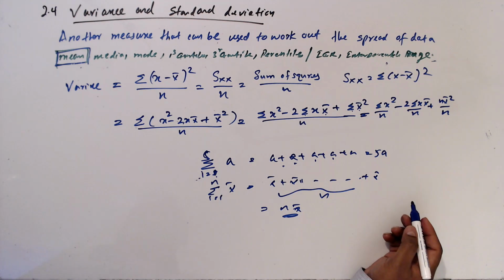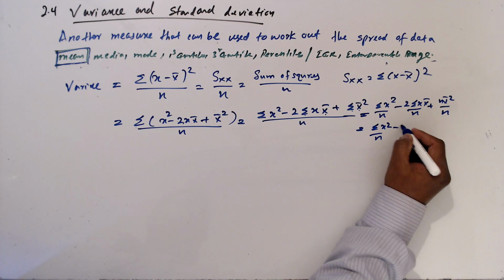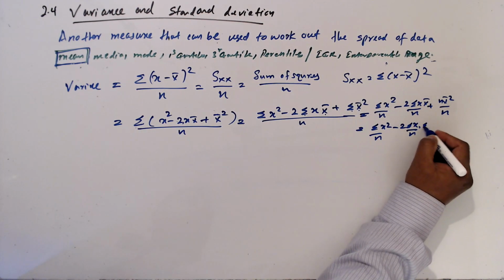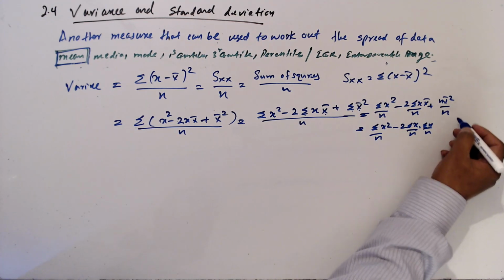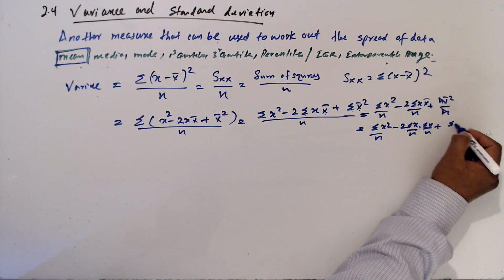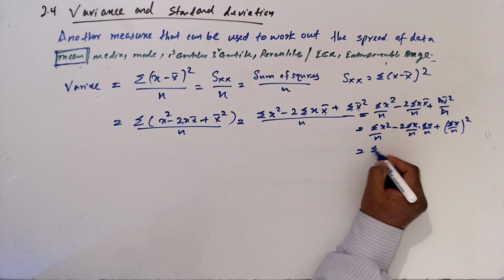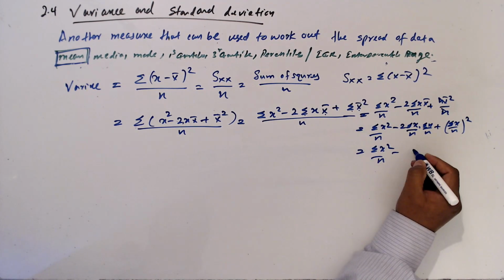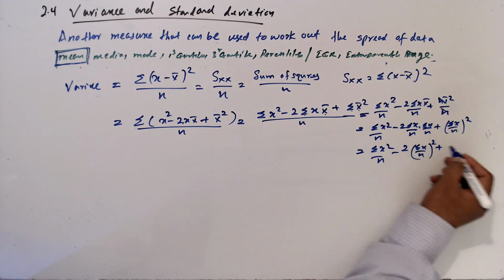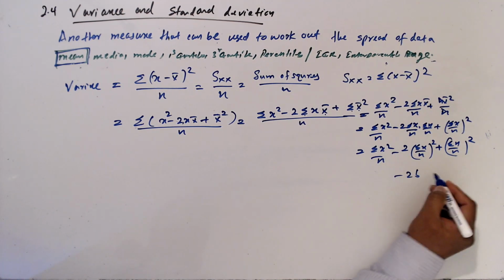So this is going to be summation x square over n, minus 2 summation x over n times x bar, also summation over n. And this n and this n cancel out. This is x bar. X bar means summation x over n, squared. So now this is summation x square over n minus 2 summation x over n squared plus summation x over n squared. This is like minus 2b plus b.